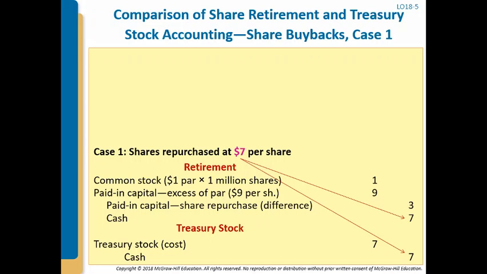The excess of par value per share is $9 per share. Well, it's $10 and you're only paying $7. And so the difference is going to go to something called paid in capital share repurchase. And so that's a plug number, and that's the account that you use if you're paying per share less than the par value plus the excess of par value per share.